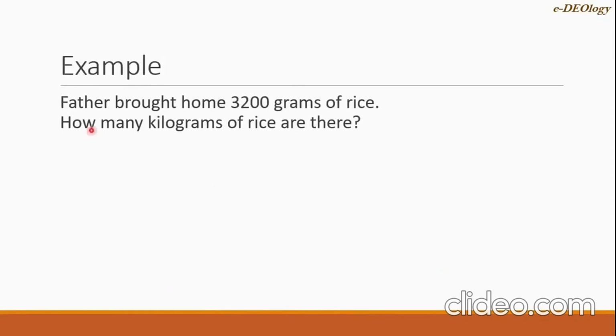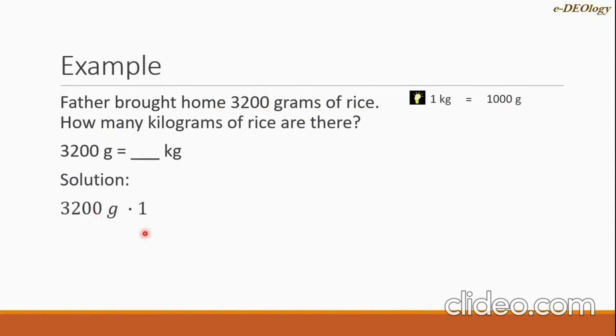Let's see one example here. Father brought home 3,200 grams of rice. How many kilograms of rice are there? In simple equation, we may write 3,200 grams equals blank kilogram. For our equation, we know that 1 kilogram equals 1,000 grams.